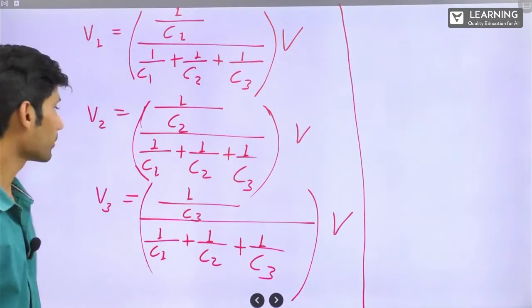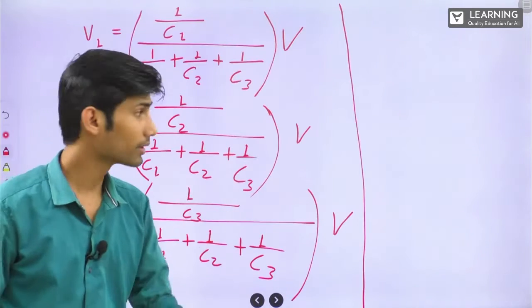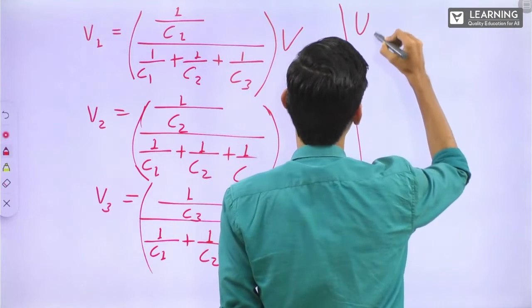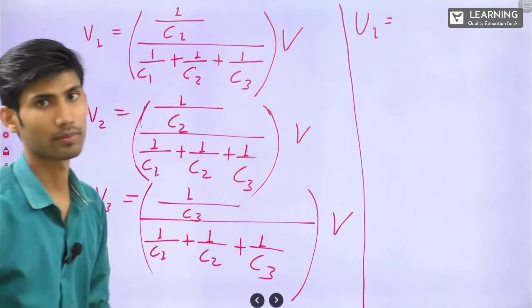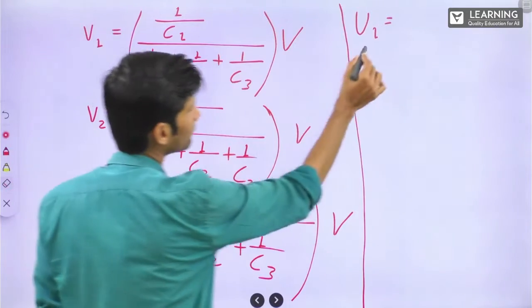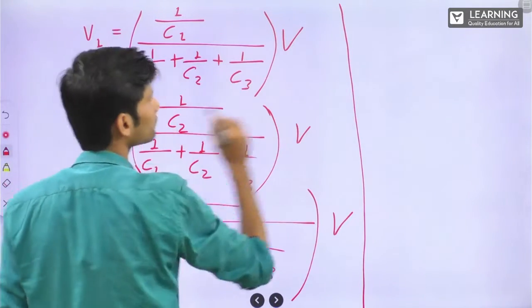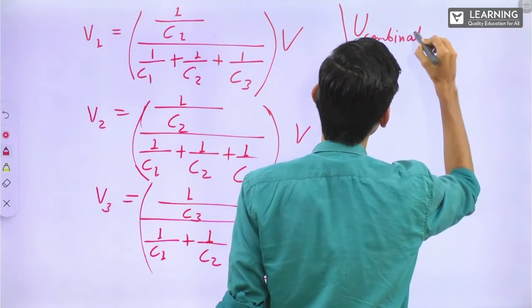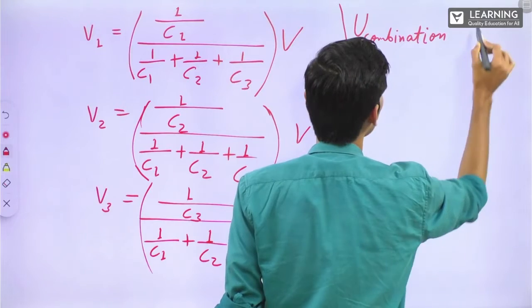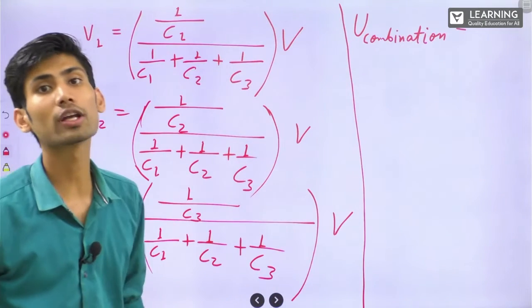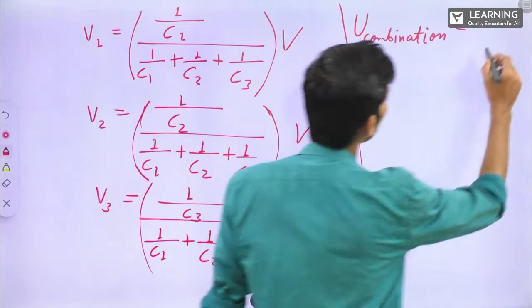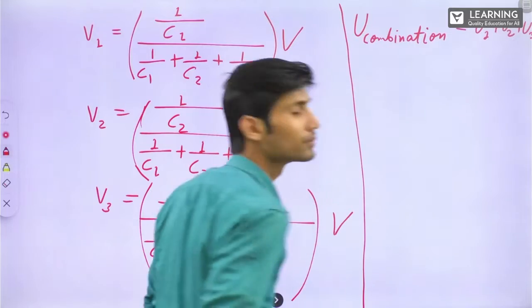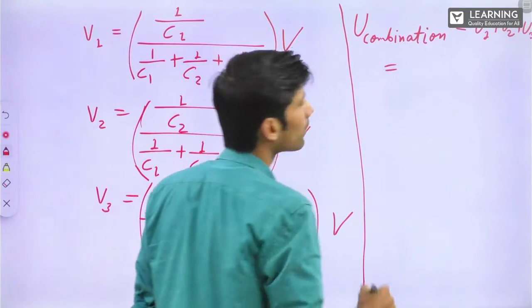Now, after remembering this, what you have to remember? 1 upon C equivalent is this. Then, potential energy in each capacitor. U1, potential energy in first capacitor. Or let's say total potential energy, U of combination. Potential energy of the total combination, that means potential energy stored in all the capacitors. That will be U1 plus U2 plus U3. How much will that be?